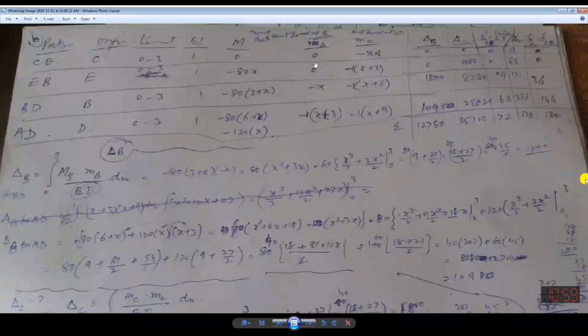If I consider origin as C, moment will be 0. In EB portion, so first I consider this moment capital, then I will be moving further. In EB, you can see that in EB portion comes 80 kilonewton, which is acting downward.